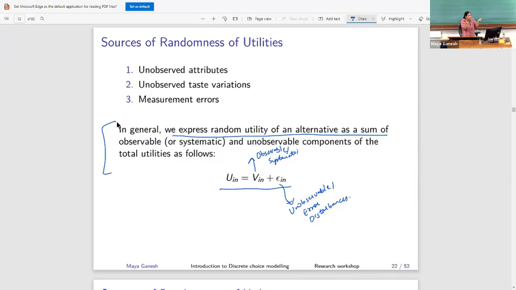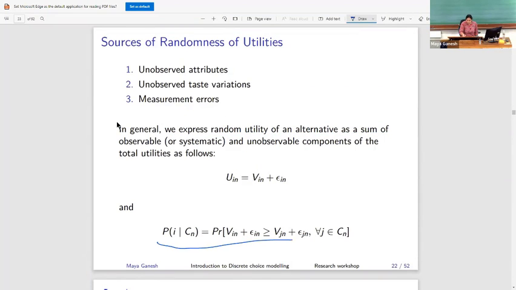Which means I can also write this: the probability that a customer N chooses this I, when given a choice set. Remember, this is the choice set for consumer N, and this is the alternative I. Only when this combined utility, the observable part and the unobservable part included, is greater than or equal to the combined utility from option J for all such J's in the choice set.